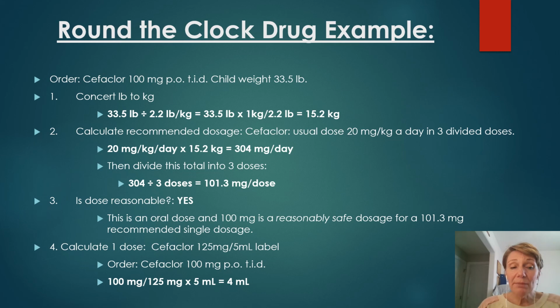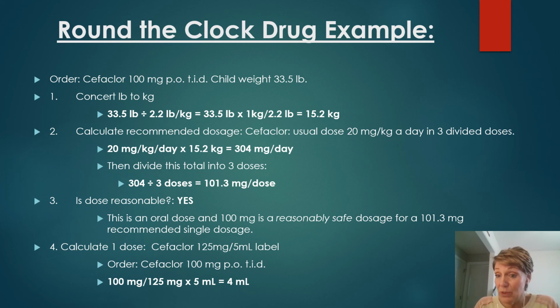So here is one more option for us. If we order cefaclor 100 milligrams 3 times a day and the child's weight is 33.5 pounds, let's convert our pounds to kilograms. So 33.5 pounds divided by 2.2 pounds per kilo, and that equals 15.2 kilos. So then, as we said, we calculate the recommended dosage.